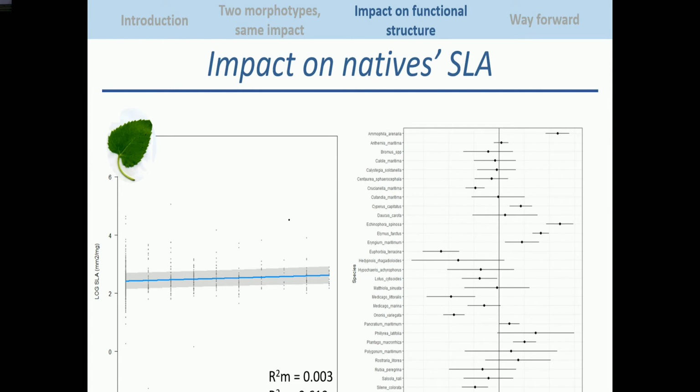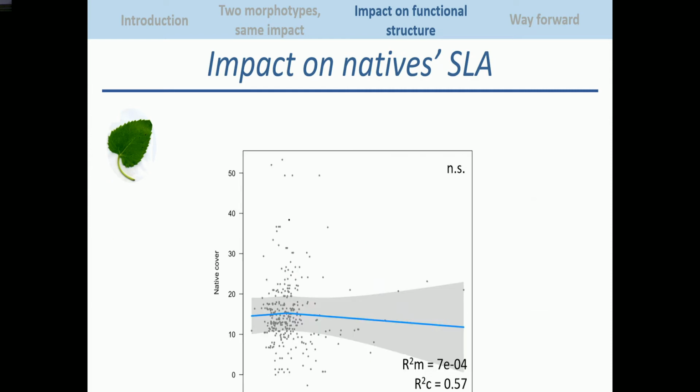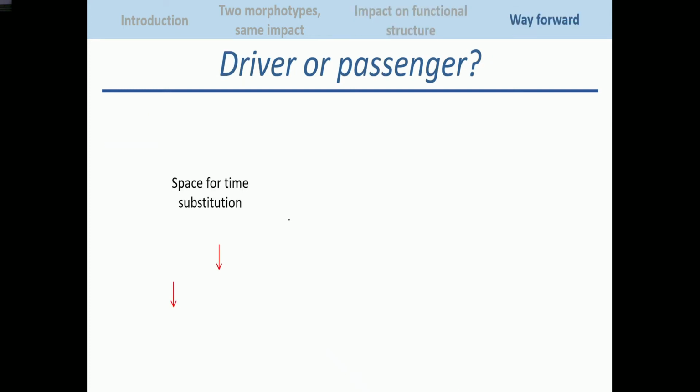And again, there was some variability of these effects depending on the species that we were considering. I also went and checked whether this displacement, this trait plasticity, was related to the success of the native individual, but again, it was not. So again, we don't know if it's actually an advantage for the native species or not.